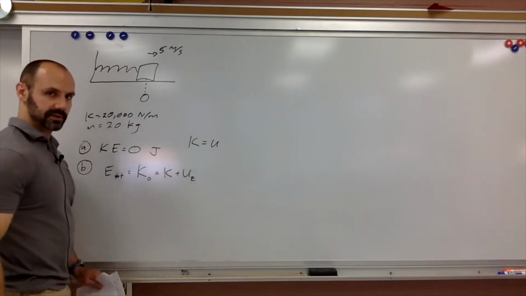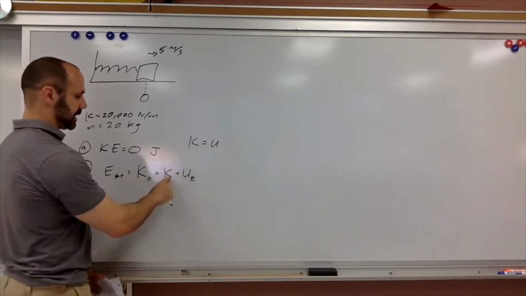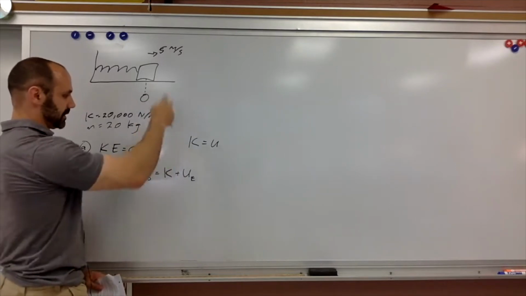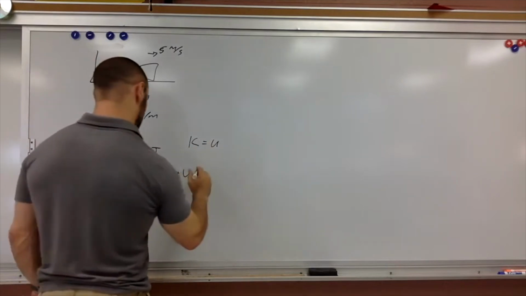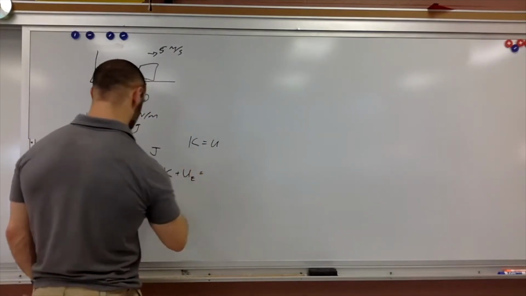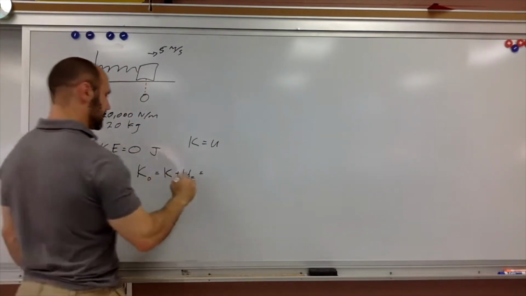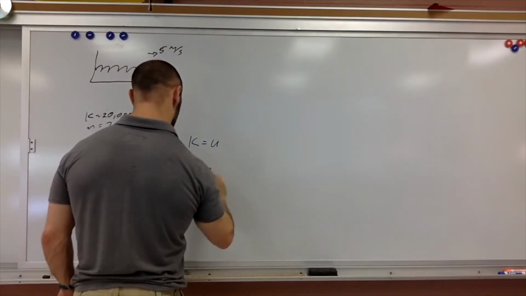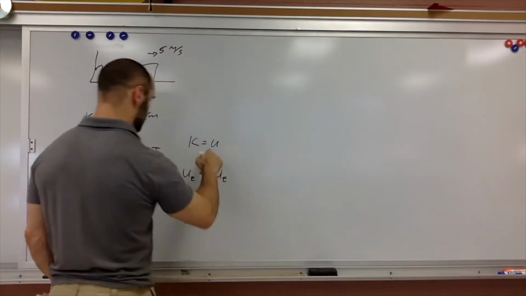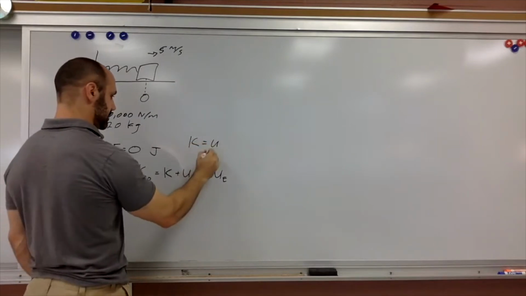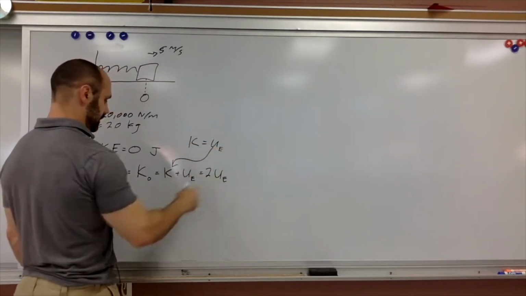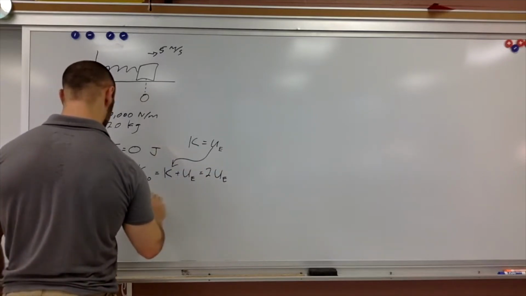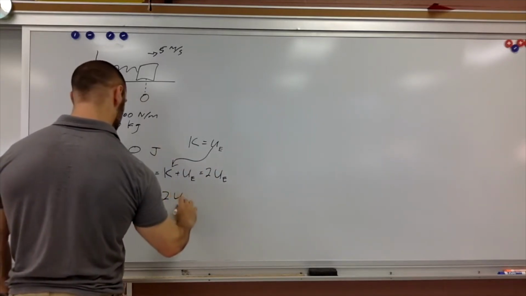What I'm looking for is position. If I substitute K, I'm going to find the velocity at that place where these are equal. But instead, I'm going to put U in here. So K at 0 is equal to 2 times UE. All I did was substitute, since these two things are equal, so I've got UE plus UE, and I get K0 equals 2 UE.